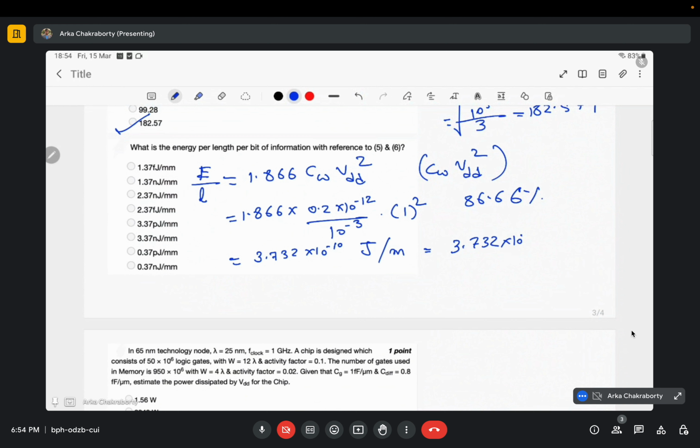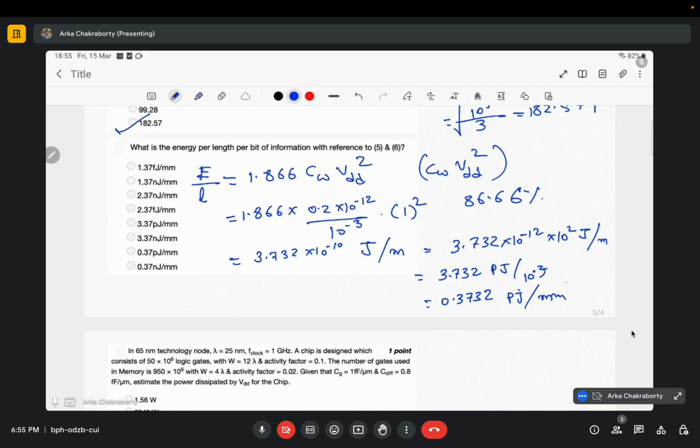3.732 into 10 to the power minus 12, so plus 2, into 10 to the power 2, correct? So 10 to the power 2 joule per meter, so it will become 3.732 picojoule per 10 to the power minus 2 into meter, and if I make it minus 3, there will be 10 to the minus 1 at the numerator also, so it will become 0.3732 picojoule per millimeter.